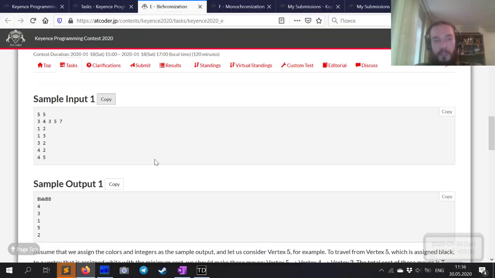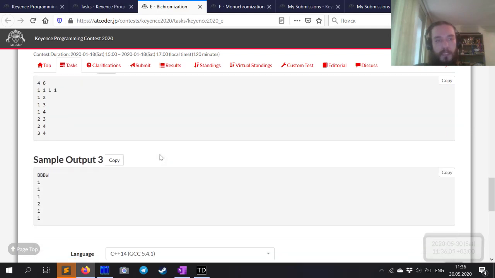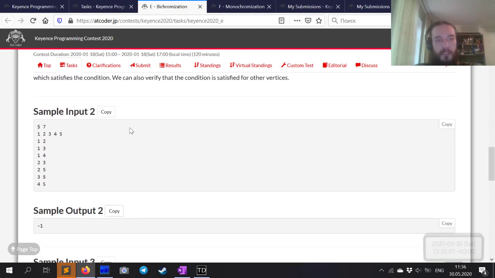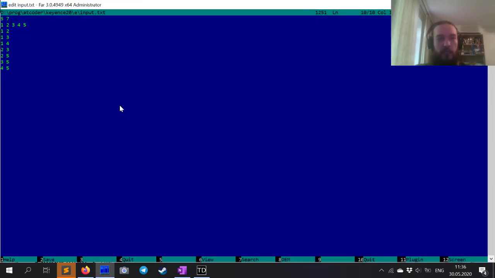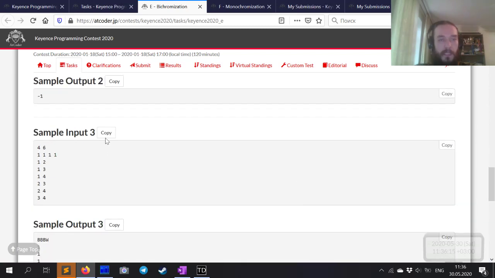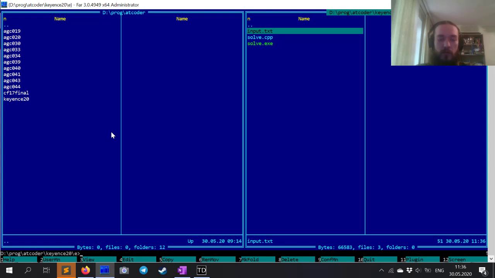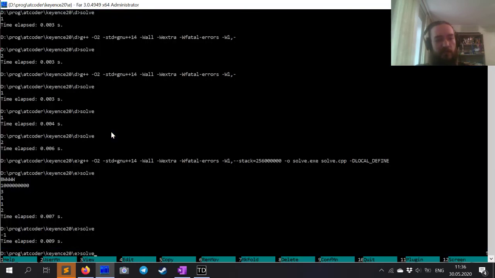All right, so what do we have here? This is the case when the answer does not exist, and I think it should be relatively easy to solve. All right, so what happens here? We have a complete graph, and all vertices have to be at distance 1 from a vertex of a different color.